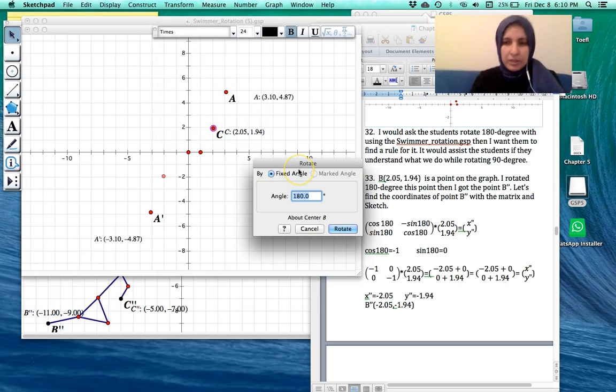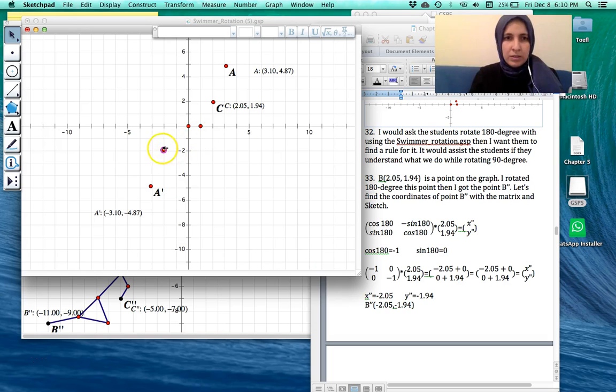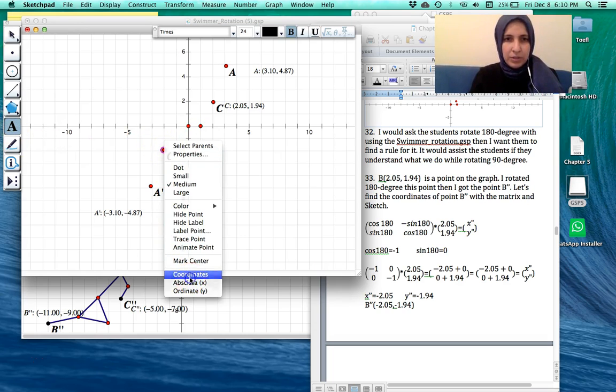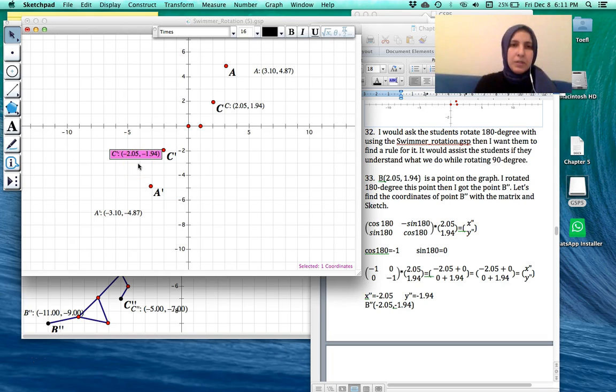Rotate as a 90 degree, and this is my point C, and let's find the coordinates. After these matrices, I made the equation. Yes, as you see, I got the same answers after rotation.